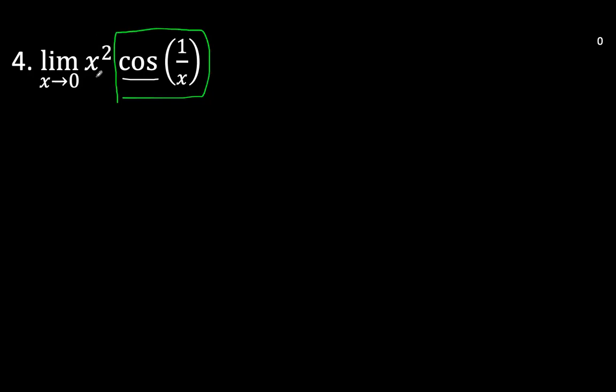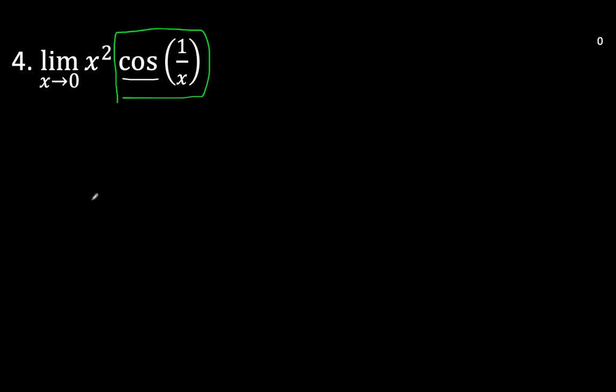And for x squared, the range is 0 to positive infinity. So let's work on cosine 1 over x instead, since it has a smaller range, from -1 to 1. Unlike x squared, it's 0 to positive infinity. It's quite hard to work on that kind of range.